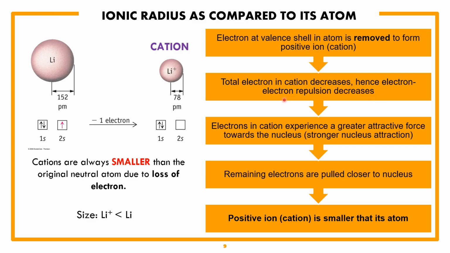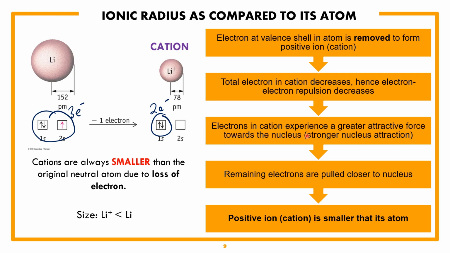Hence, electron-electron repulsion decreases. As you compare the total number of electrons in lithium atom and lithium cation, you can see here we have 3 electrons in the atom and 2 electrons in the cation. So when the number of electrons decreases, the electron-electron repulsion also decreases because we have a smaller number of electrons.